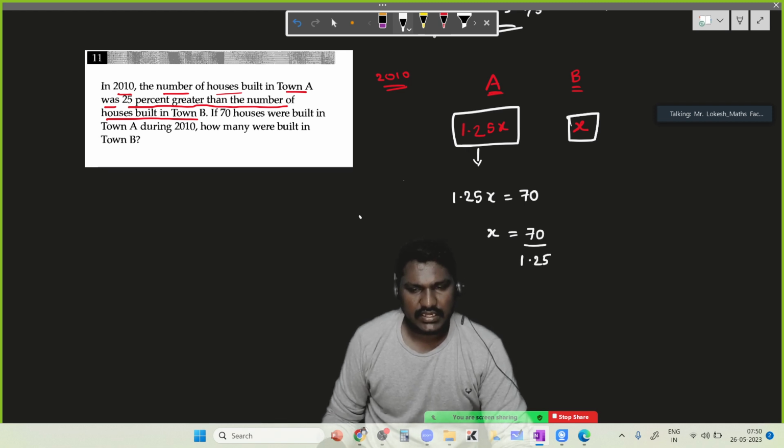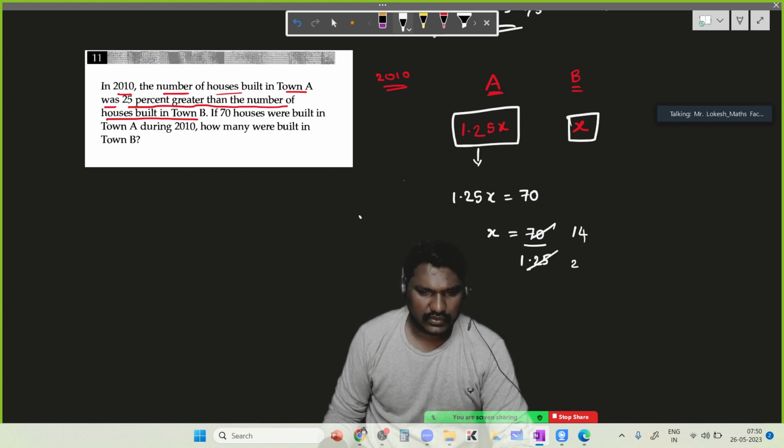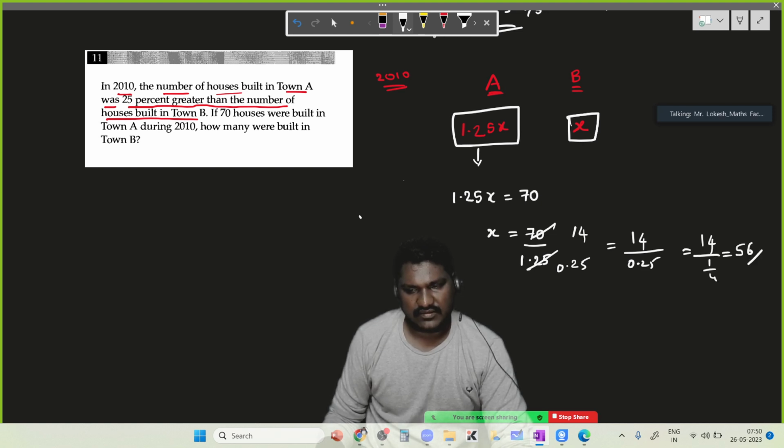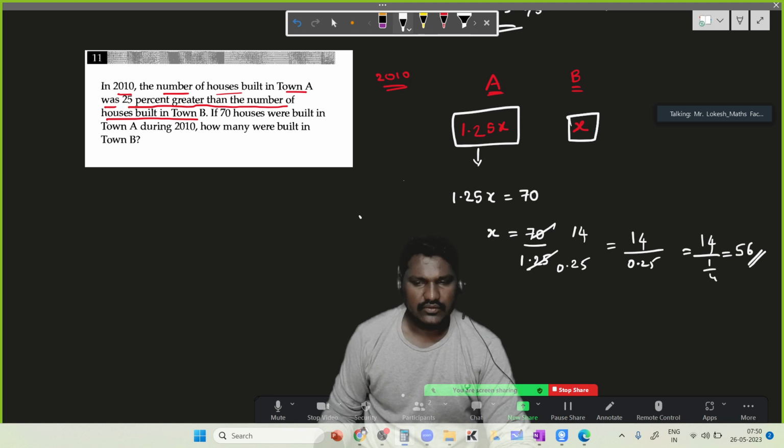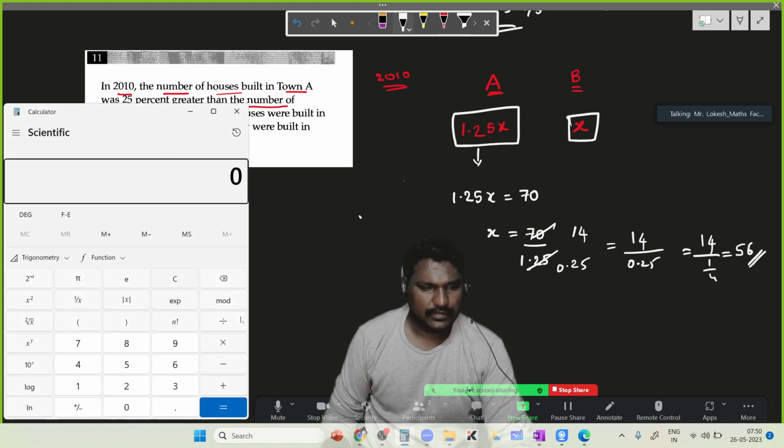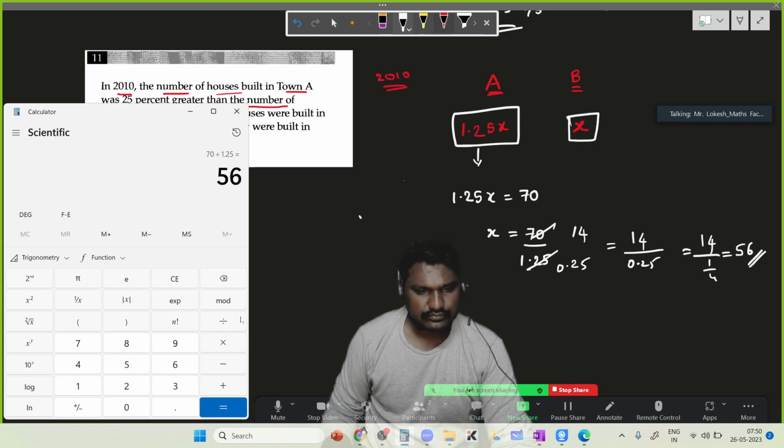So we can directly divide using the table of 5. 5 14s are 70, and 5 times 25 is 125, so 14 by 0.25, that means 14 by 1 by 4, which will be 56. Or you can use a calculator: 70 divided by 1.25 is 56. That's it.